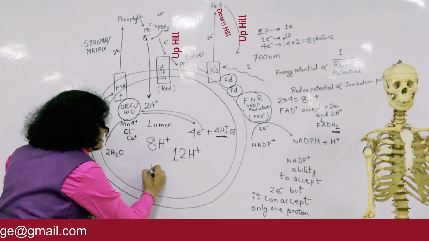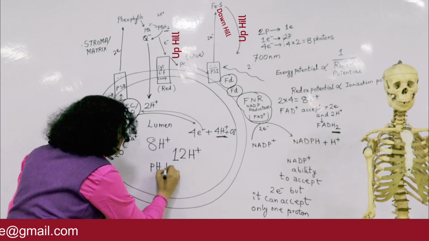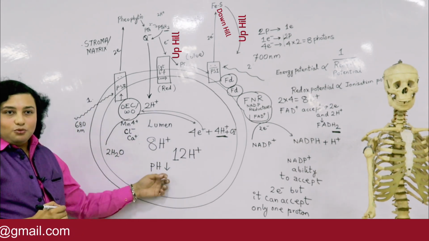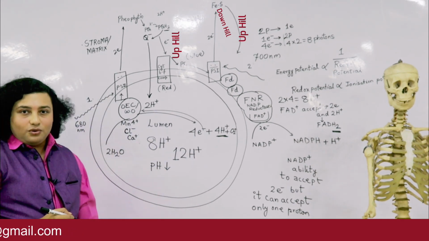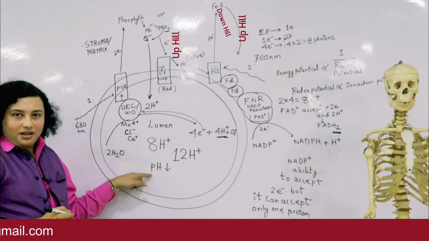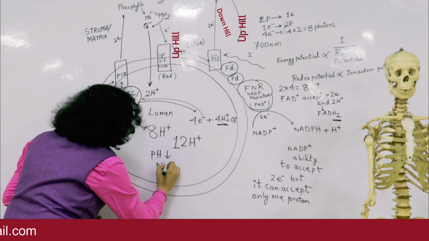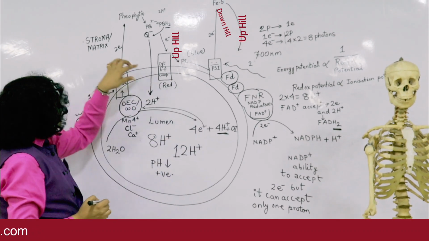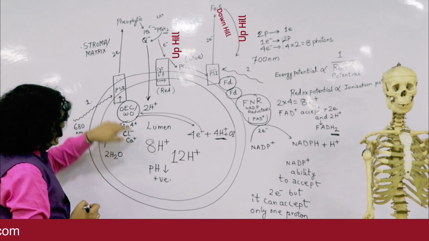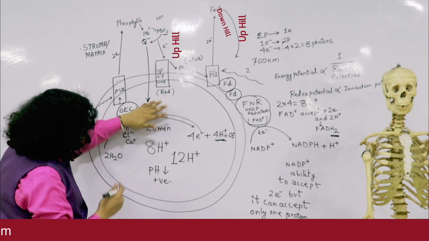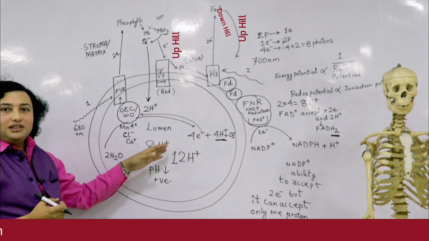It is going to decrease the pH, because we know that with more hydrogen ions accumulated over here, the pH is going to be low. At the same time it is going to elevate the positive charge as compared to the stroma, because the stroma has less H plus ions, as H plus ions are already pumped into the lumen of the thylakoid.